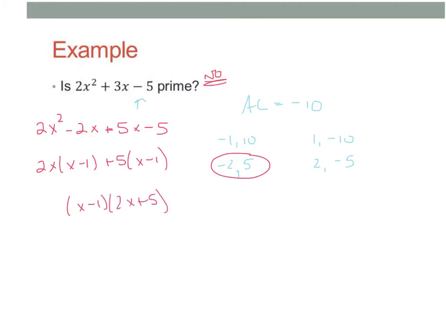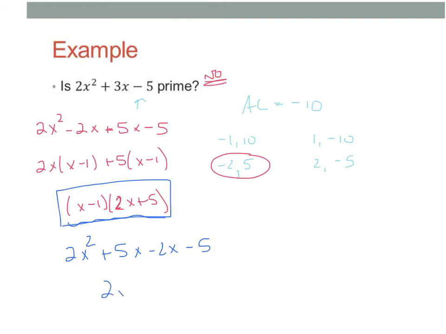And if I haven't said it enough times, do make sure you check these by FOILing, and you should always check them. So this would be our answer if we were going to factor this. There's first, outside, inside, last, combined, gives us that, and that is what we started with. So this is not prime, it does factor.